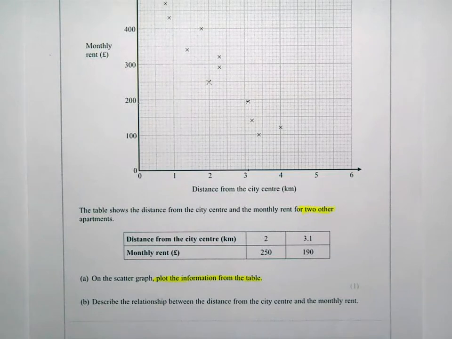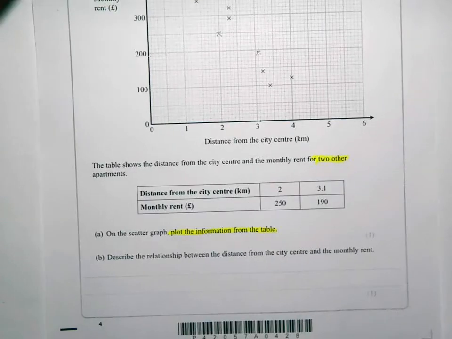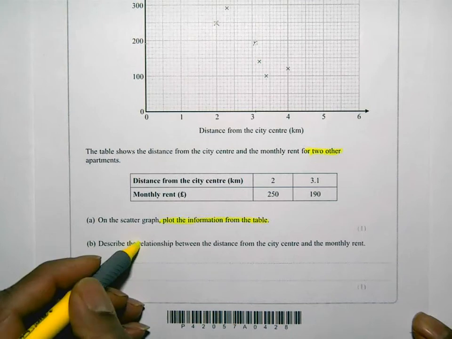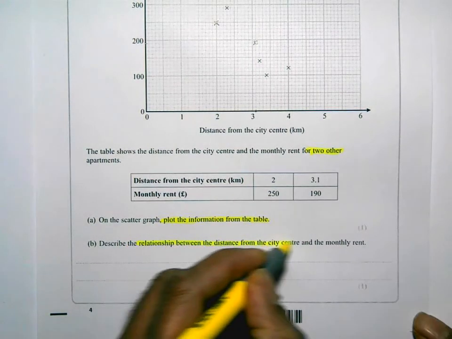Okay. Going on to part B, I just need to pull this forward a bit. Part B says describe the relationship between the distance from the city center and the monthly rent.